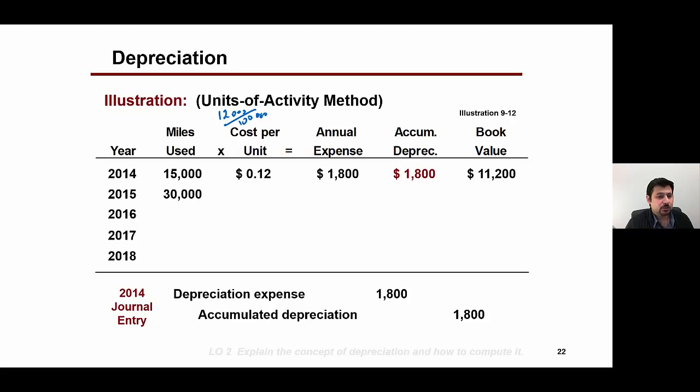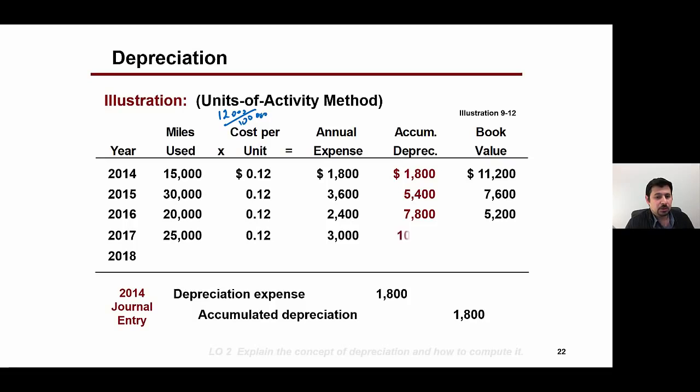That again will be multiplied by $0.12 each, and annual expense will be 3,600. Accumulated depreciation will be the sum of the two, and the same thing can be said for the subsequent years. Here too, at the end we'll have the book value of 1,000, which is the salvage value.